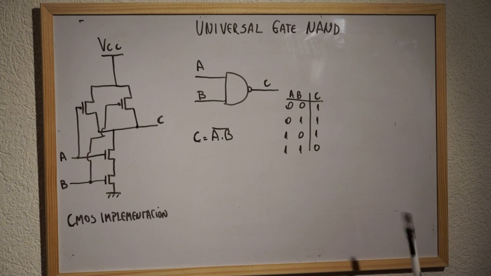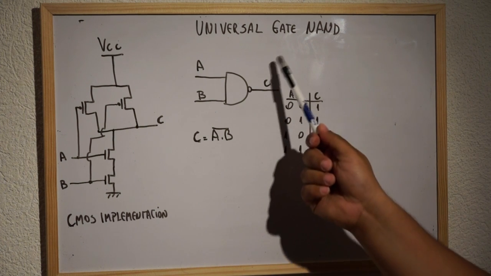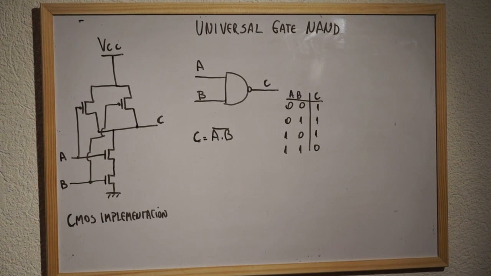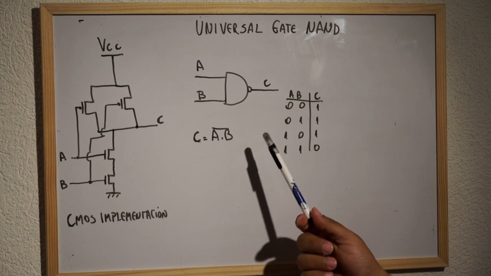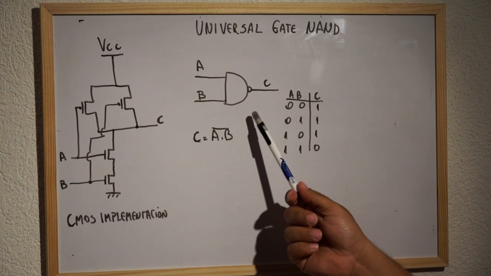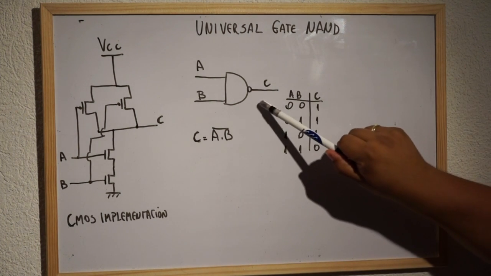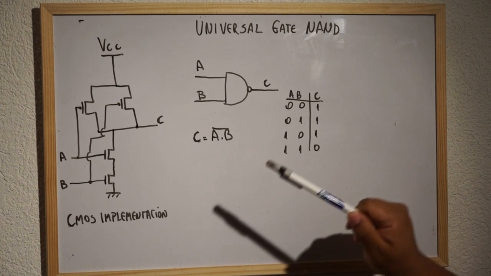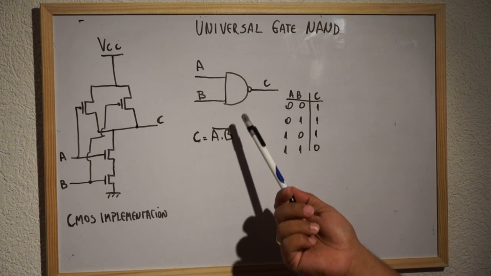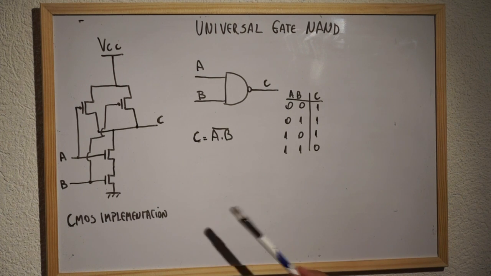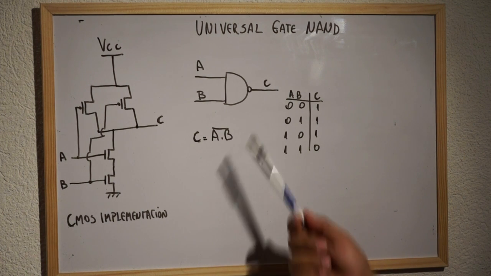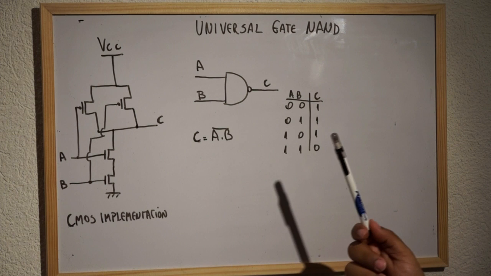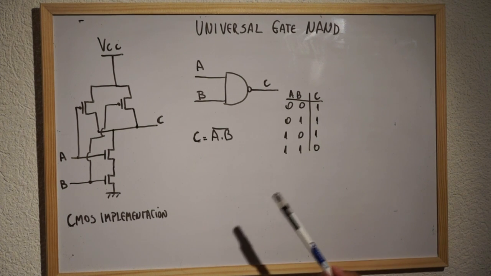Now we're going to talk a little bit about the universal gate, the NAND gate. The NAND gate is in theory the same thing as the AND gate with the addition of an inverter. Why is the NAND gate so important? First of all, with a NAND gate you can implement all the other logical functions. I mean, with a NAND gate you can do a NOT, OR, AND, and XOR.